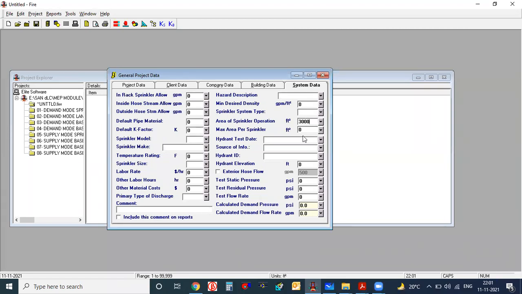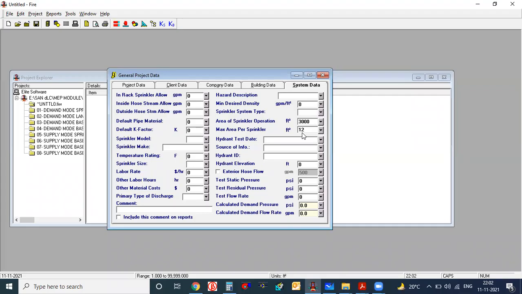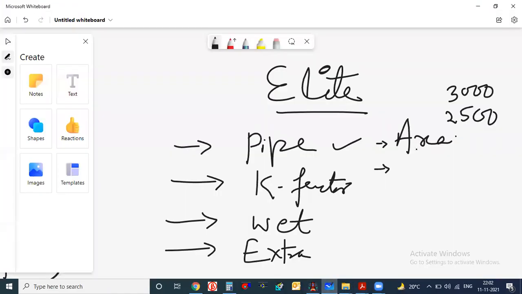Suppose if I am writing 3000 here, if I click here, it will take any value. So I will just write whatever the minimum area of sprinkler operation is given, like 3000 divided by 12. Suppose it is 12 by 50, I will just write down 12 by 50 here. So I have just manipulated the values. Only those things you have to change, because if you click here, automatically it will take the normal value, whatever the light hazard is going on.